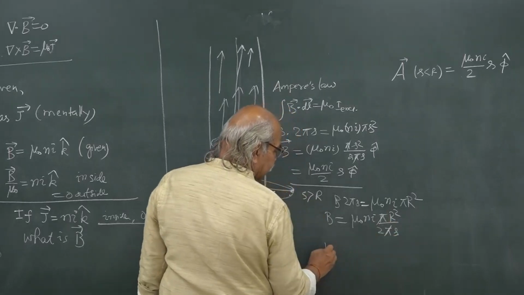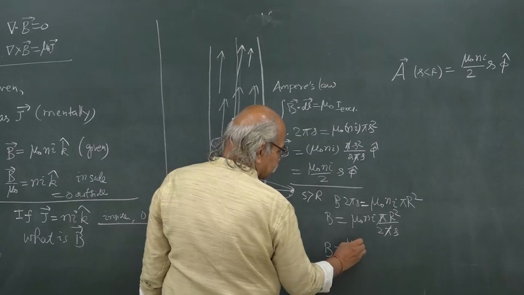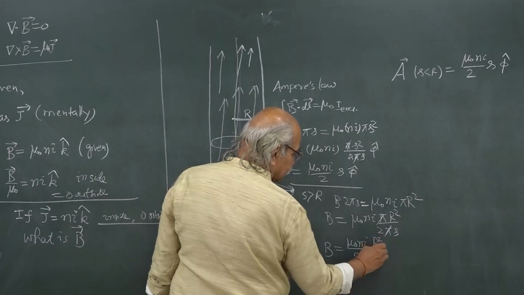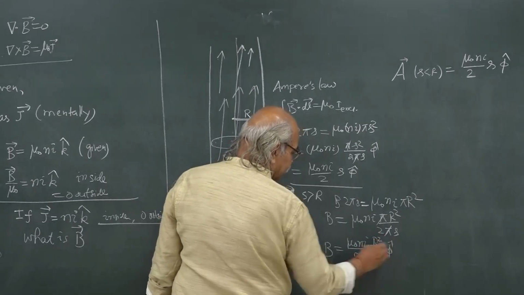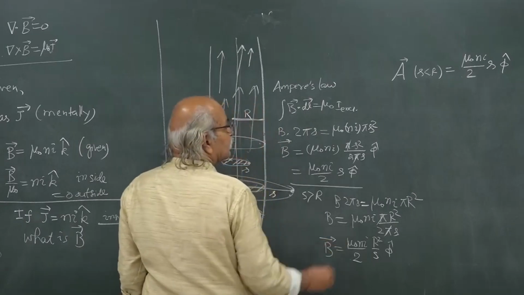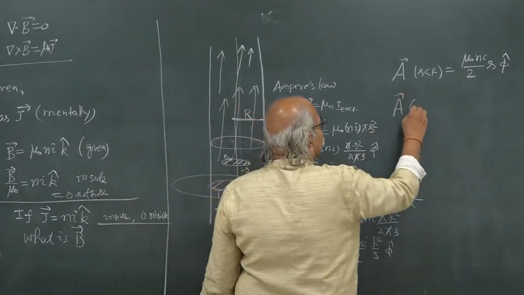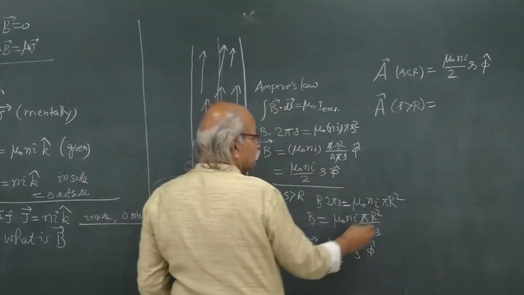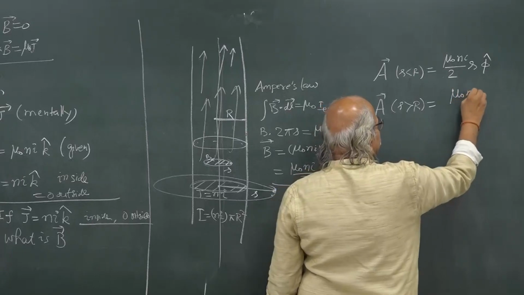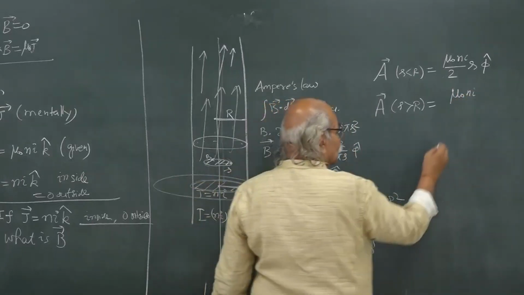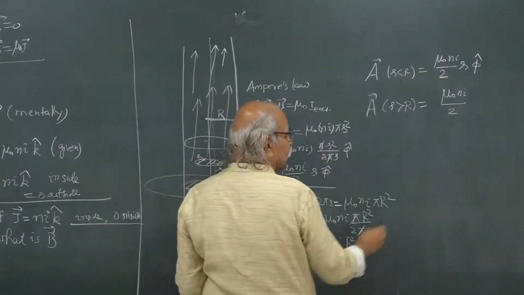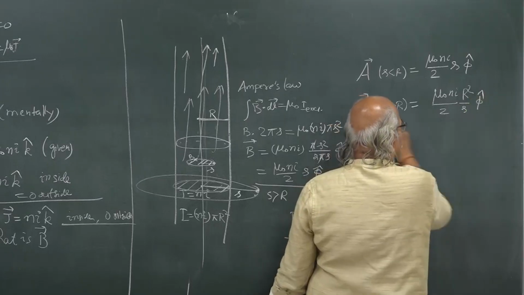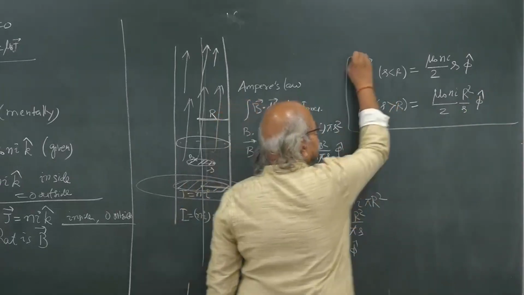So, B is mu naught n I by 2 times R square by s in phi cap direction. And therefore, A for s greater than R is equal to mu naught n I by 2 R square by s phi cap. Gotten the final result.